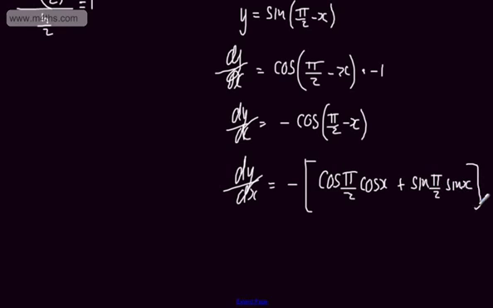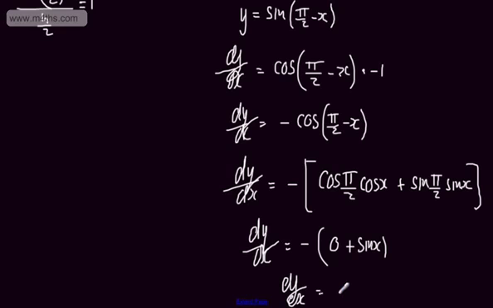So dy by dx, using the chain rule, is minus this. Cos of pi by 2 is 0, and sine of pi by 2 is 1, so we have sine x. So we can see that dy by dx is simply minus sine x. And that is one way of showing it.